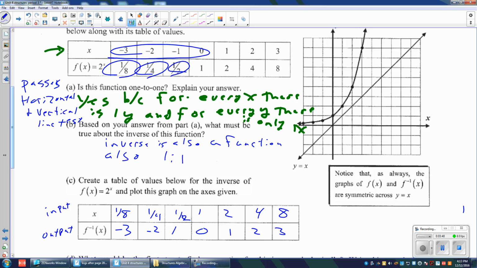Then it asks us to plot them. If you plot 1/8, -3, it's going to be right about there. 1/4 in the positive direction of x, -2 in the y value. Then 1/2 and -1. There we go, I just had to correct that on the table.